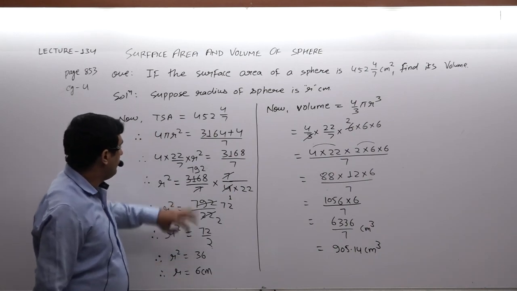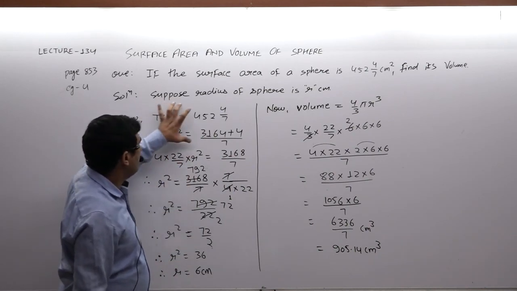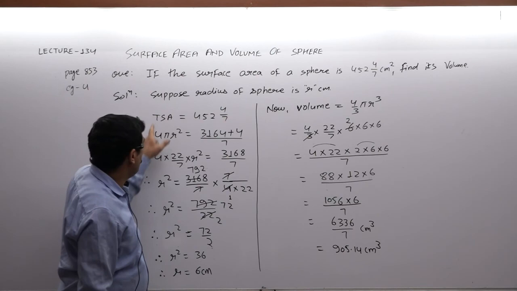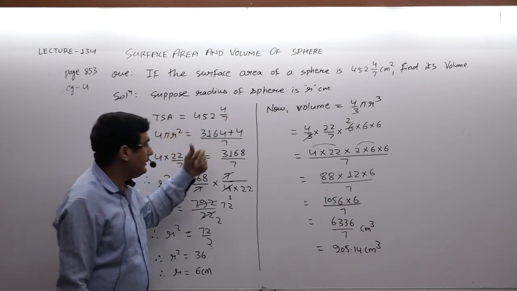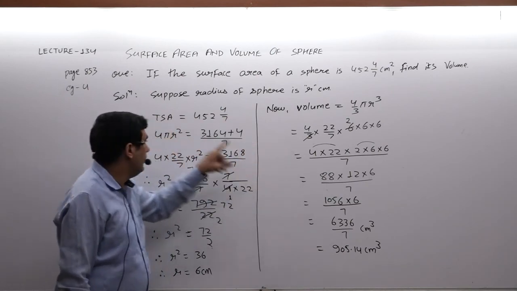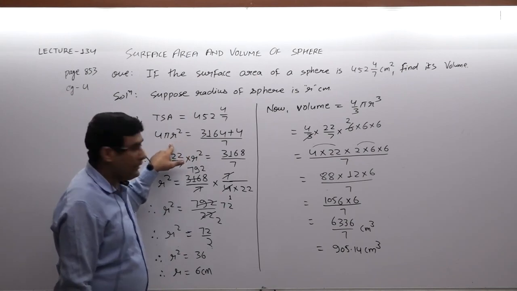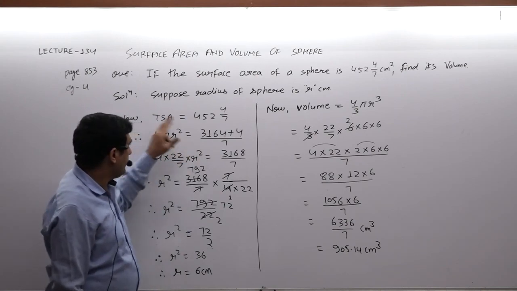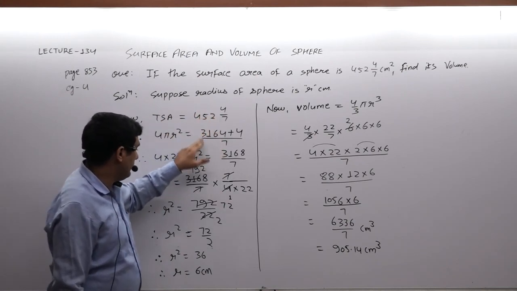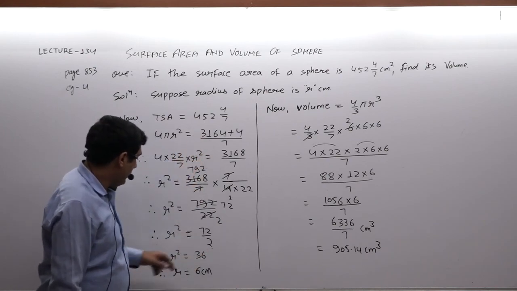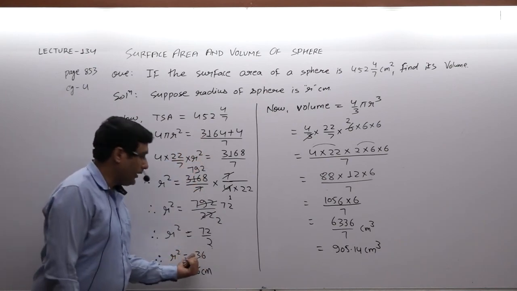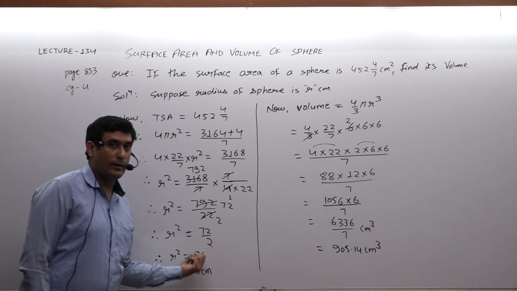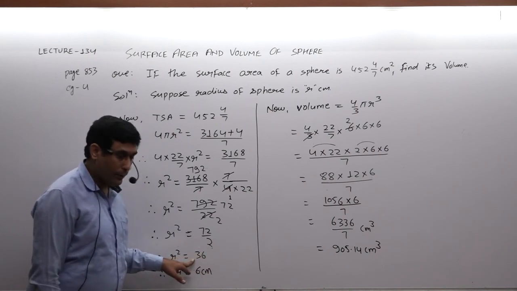Okay, I hope it is clear. So this is a little bit different. First TSA was given to you and then it was asked to find the volume. So I kept the formula of TSA, that is 4 pi r square, and by solving this I got the value of r. See here it was just a matter of calculation that the r square came up in a complete square form.